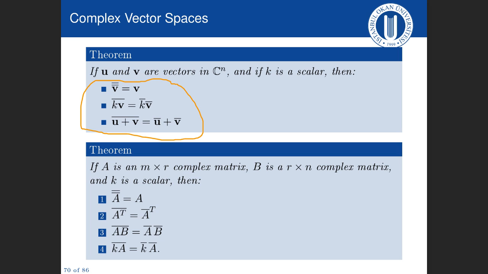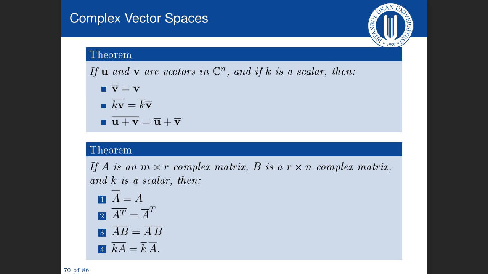And if I have two vectors, I want to add them together, the complex conjugate of u plus v is the same as the complex conjugate of u plus the complex conjugate of v. I'm not going to prove that. The idea is to come straight away from the rules for complex numbers.